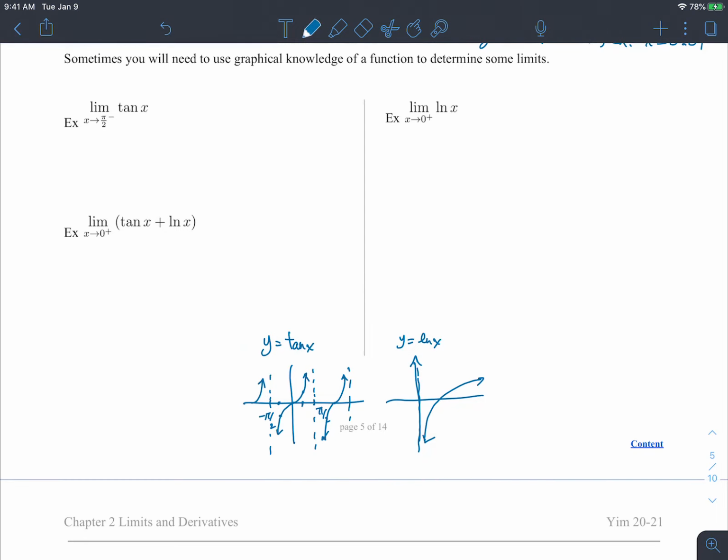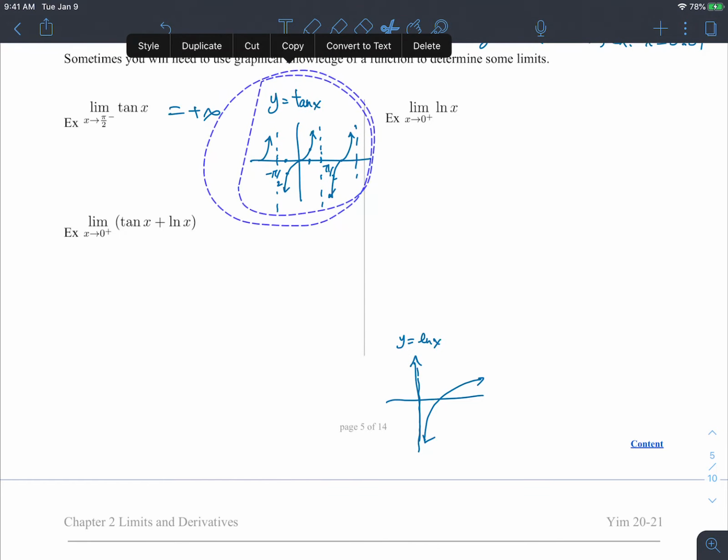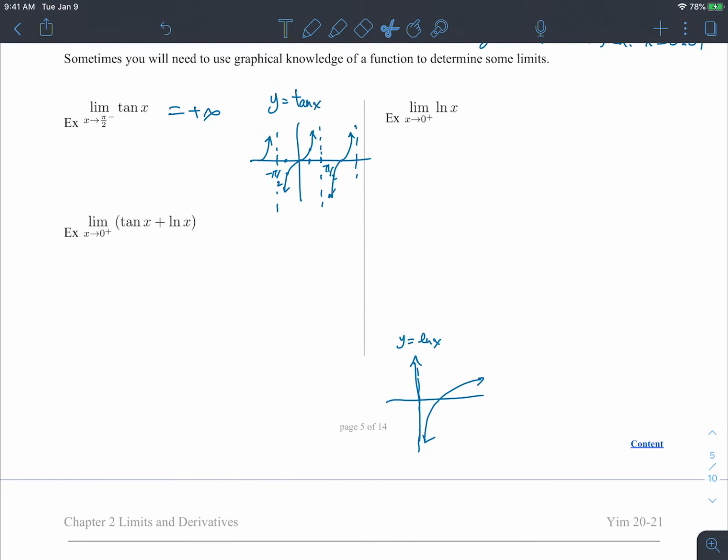Now, in this particular case, it's asking for pi over 2 from the left-hand side. So we're looking at this here, guys, coming from the left-hand side. So it means that it is positive infinity. So if you draw a graph, for me, that is sufficient work. Okay? So when you're familiar with these common graphs, there's no need for you to use a calculator. So this kind of question will be a non-calculator question.